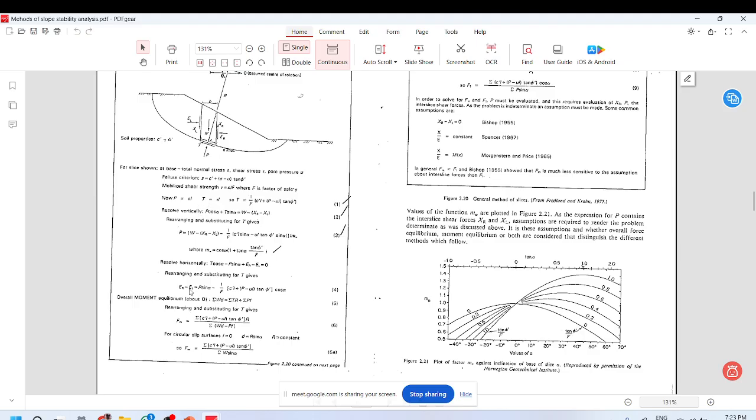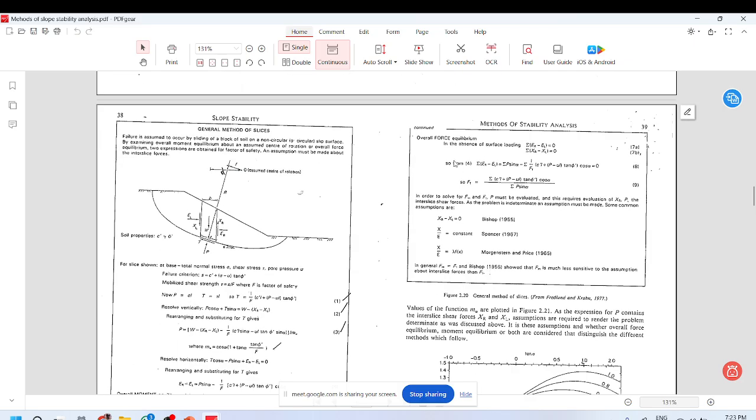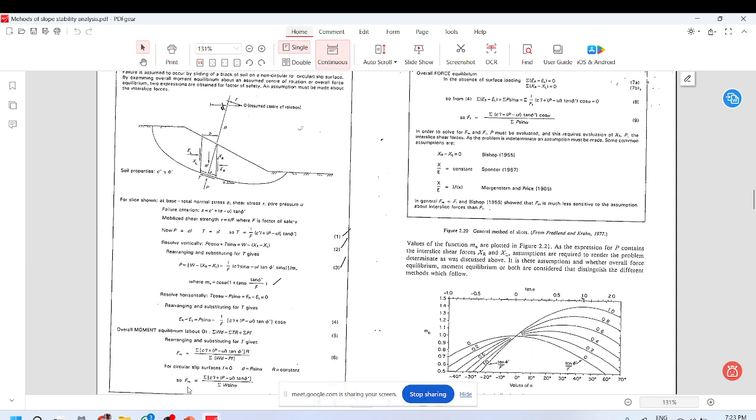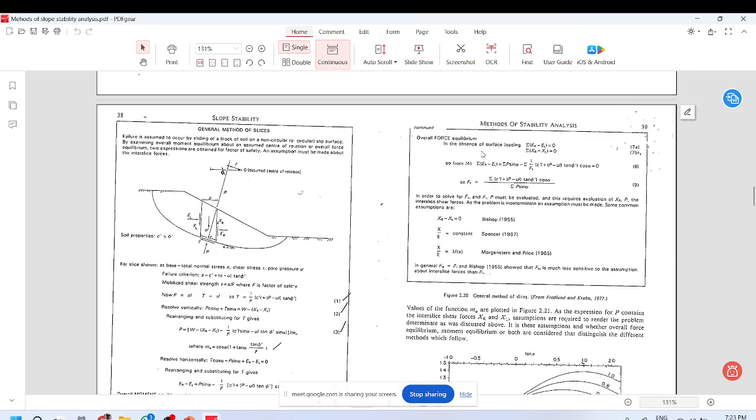So you take the overall moment equilibrium, and you take overall force equilibrium, and you get these equations: F, factor of safety based on the moment equilibrium, factor of safety based on the force equilibrium.